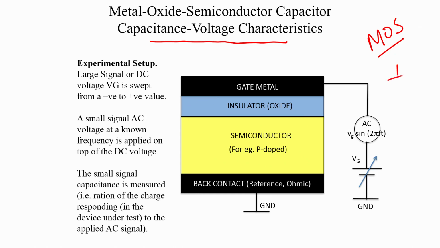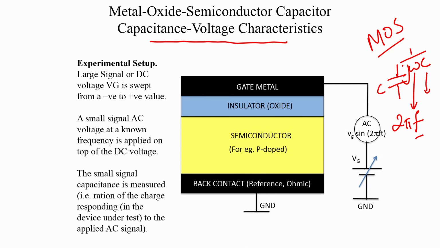A capacitor has an equivalent impedance of 1 by j omega C. If C is the capacitance, the impedance is 1 by j omega C, where omega is the angular frequency, which is 2 pi f, with f being the frequency in hertz, C being the capacitance, and j the complex number square root of minus 1.